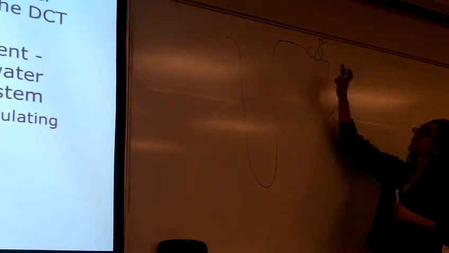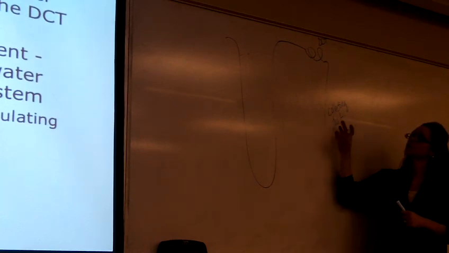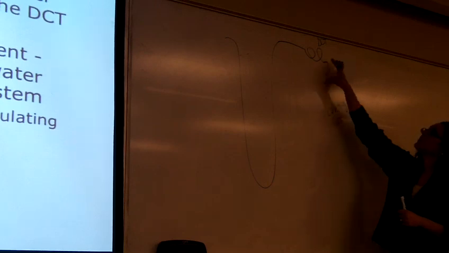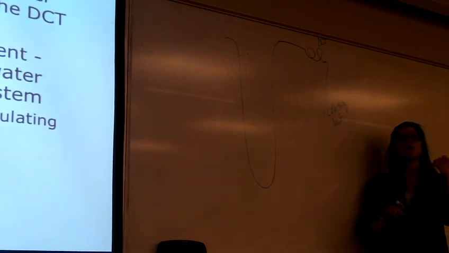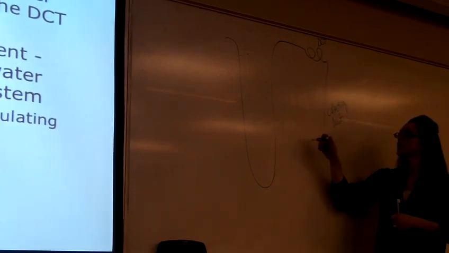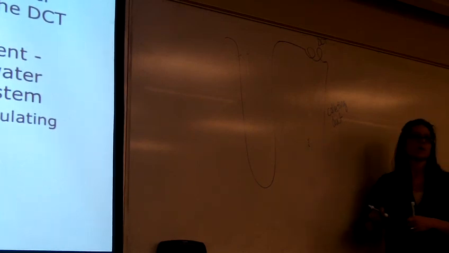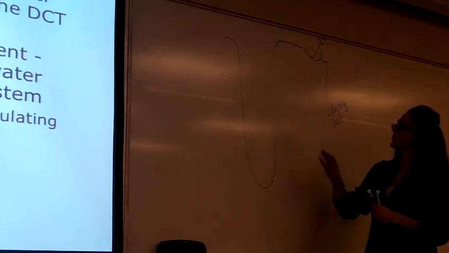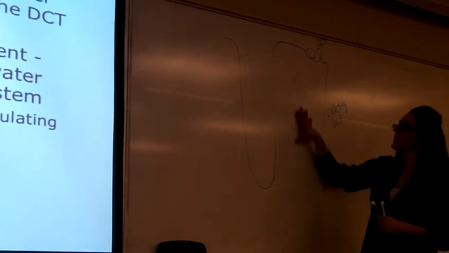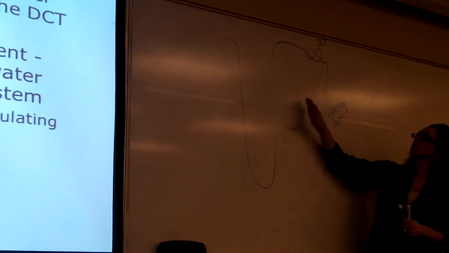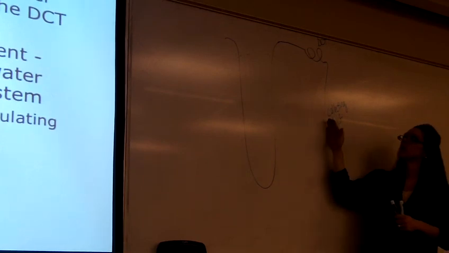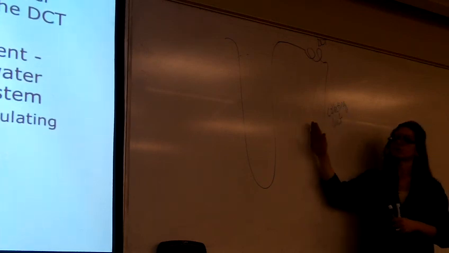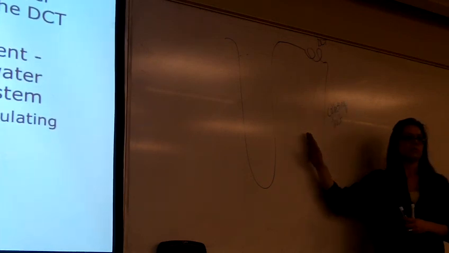And again, if ADH levels are high, that's going to cause more water to get reabsorbed from the DCT and collecting ducts, but water will only get reabsorbed if the osmotic concentration out here is high. So what's going on at the loop of Henle is going to affect this interstitial fluid, which is going to ultimately affect how we reabsorb water from the collecting ducts and DCT into that interstitial space, then into the peritubular capillaries.